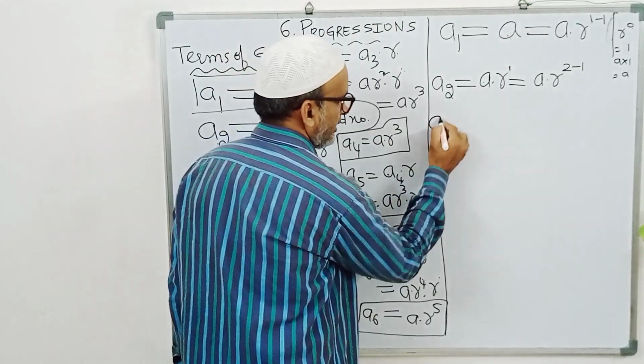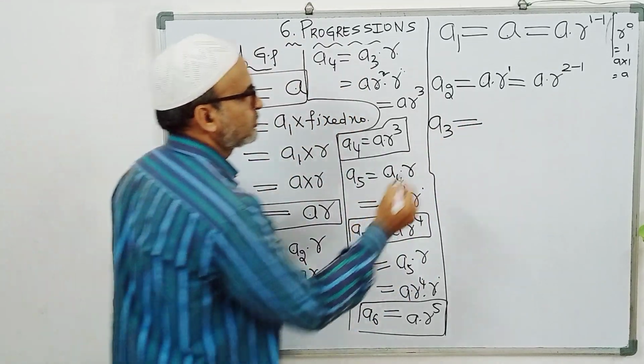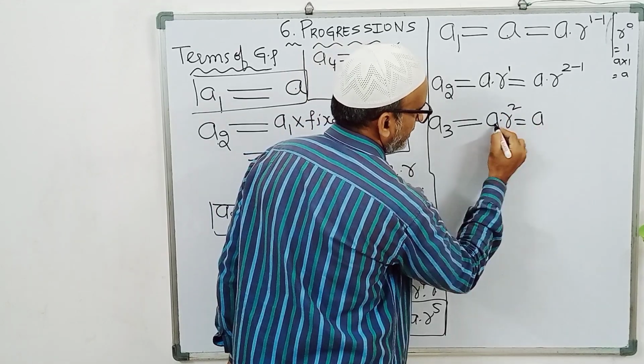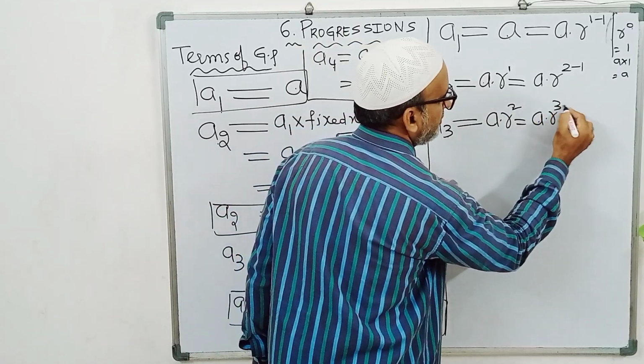Next is a3. a3 is equal to a into r square. Can I write this as a into r to the power of 3 minus 1?